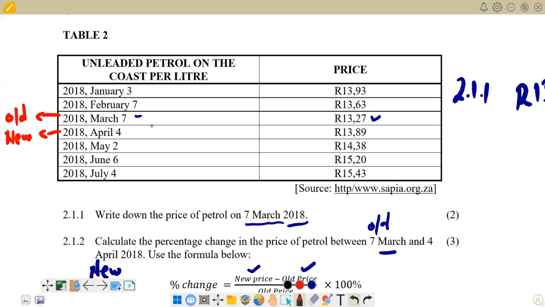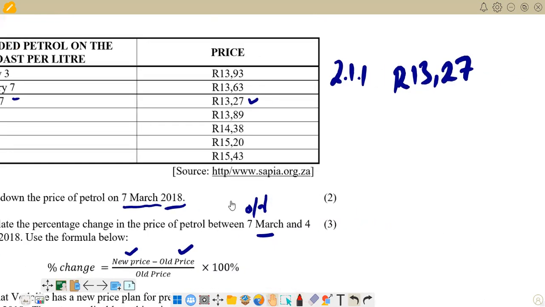So we are going to substitute 18.89 where we have the new price, and 13.27 becomes our old price. So we can go and calculate using that formula. Remember, it says new price minus old over old.